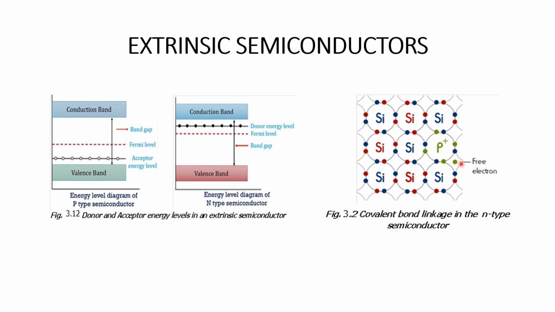As you all know, in semiconductors there are two types of charge carriers. One is electrons, the other one is holes. Because of the donor type of impurity, that is pentavalent impurity, you are able to generate one free electron per every impurity atom, making electrons large in number, making it a majority carrier.